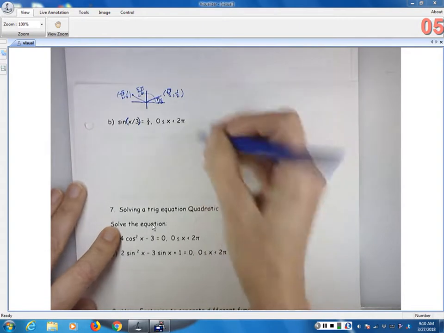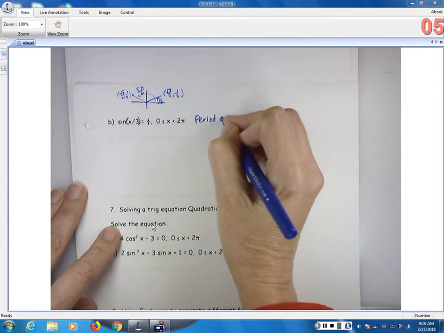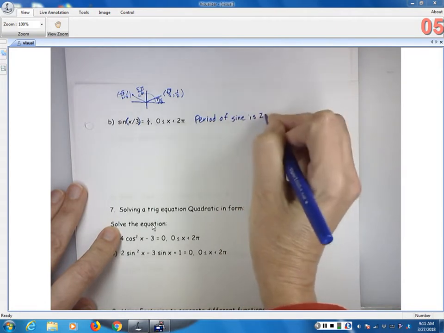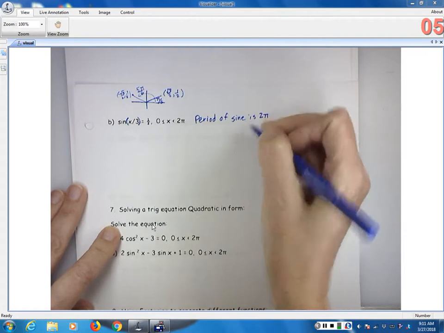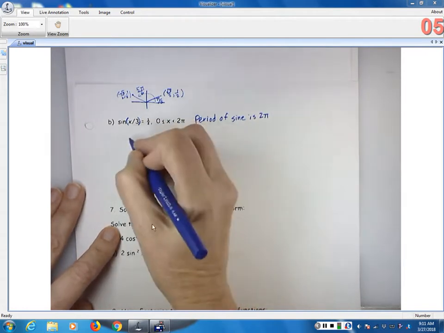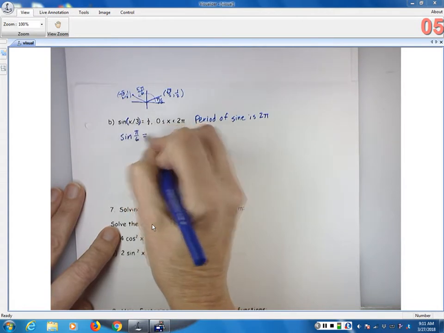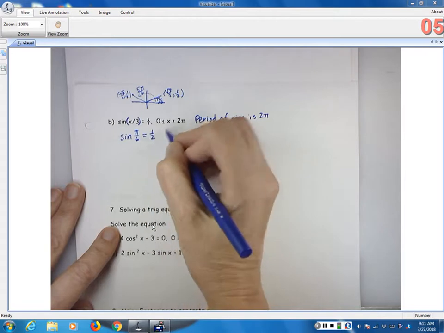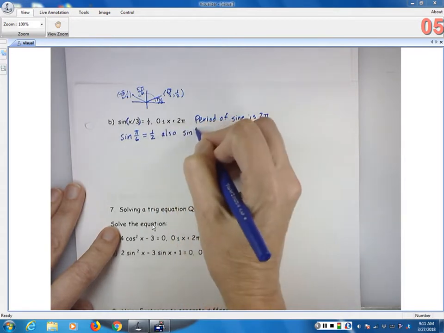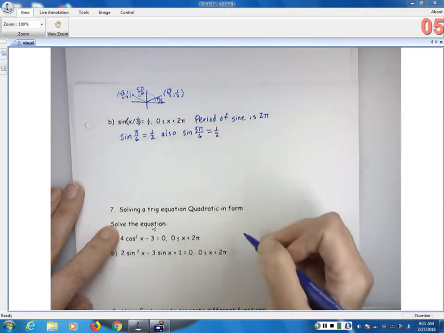So, notice the period of the sine function is 2 pi. So, we know that sine of pi over 6 equals 1/2, and also sine of 5 pi over 6 equals 1/2 from using our unit circle.